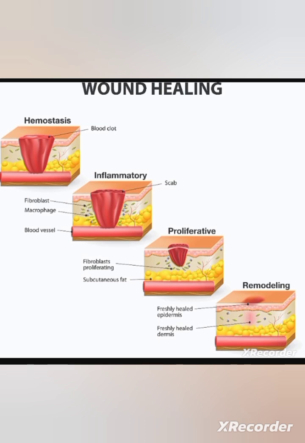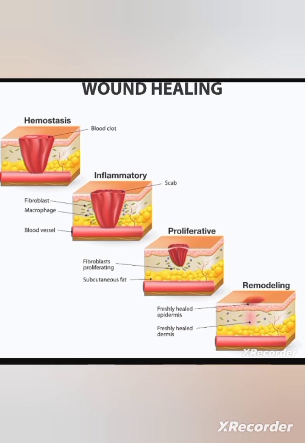Stages of wound healing. The stages of wound healing are divided into the first stage, hemostasis, the second stage, inflammatory, the third stage, proliferative, and the fourth stage, remodeling. Hemostasis means stasis of hemo, so here there will be coagulation.